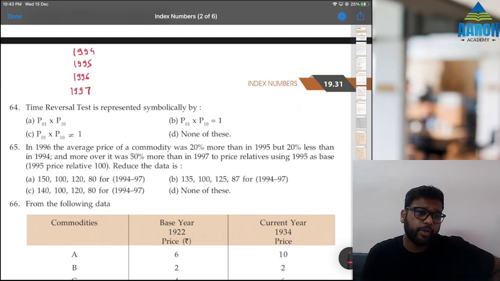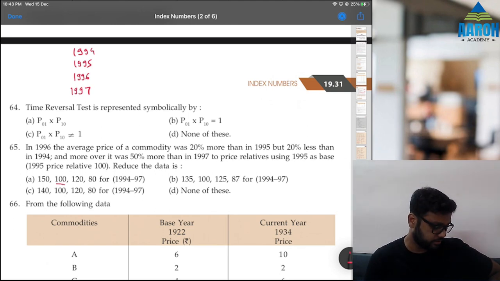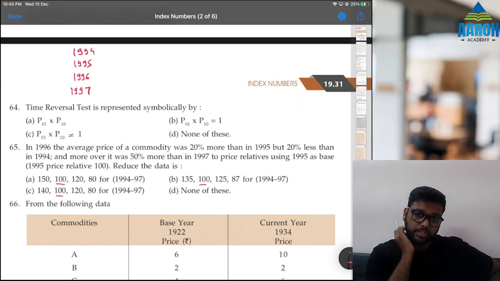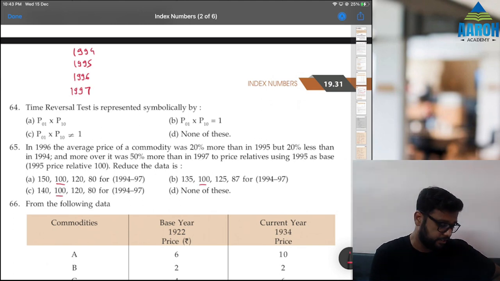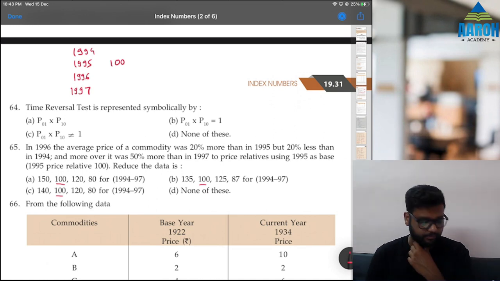Now we have to take one of the years as base. From the options, it looks like which year have they taken as base? Second year, that is 95, right? So let's take 95 as 100. And let's read all the data.